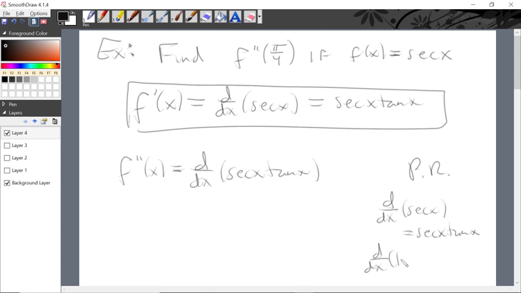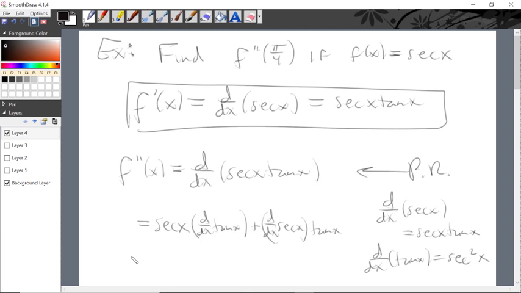And the derivative of tangent x is secant squared of x. And we're going to use the product rule here. So we have the first term is secant x, and multiply that times the derivative of the tangent x, plus we have the derivative of secant x, which we're going to multiply by the tangent of x.